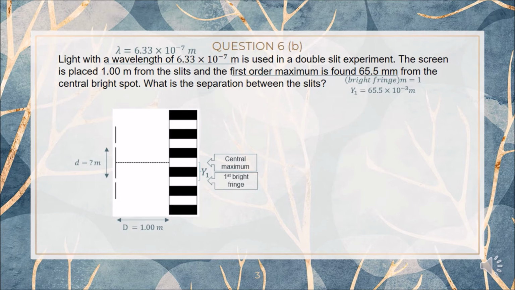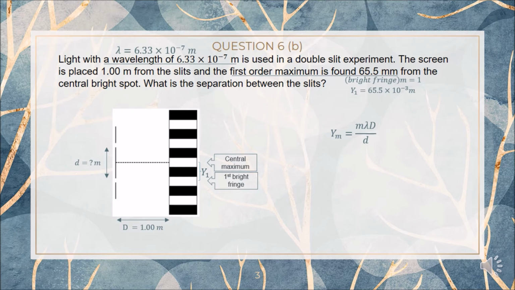So we have to use the formula here, ym equal to m lambda D per d. But make sure you know the meaning of capital letter D and small letter d. The capital letter D is the distance between the slit and the screen, and the small letter d is the separation between the double slit.